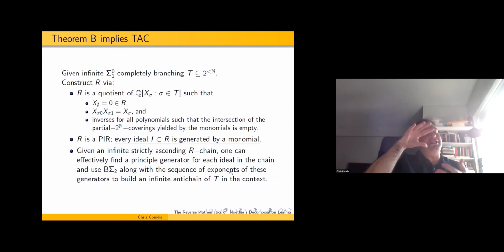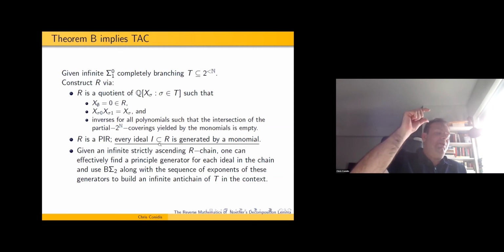Using the exponents that you get in your infinite chain here, you can actually construct an infinite anti-chain of the tree T by paying attention to the exponents you see, and then looking at the corresponding index, because remember, the indices of the indeterminates correspond to nodes in the tree. And if you have a monomial, that's just a product of indeterminates. It's a product of tree elements, basically.